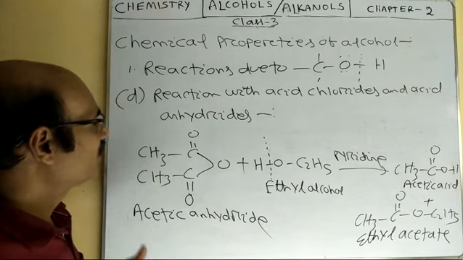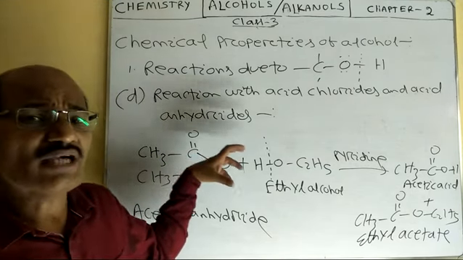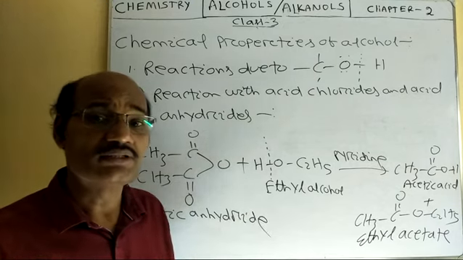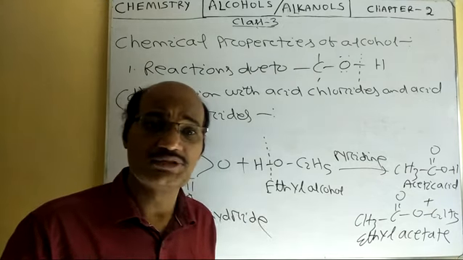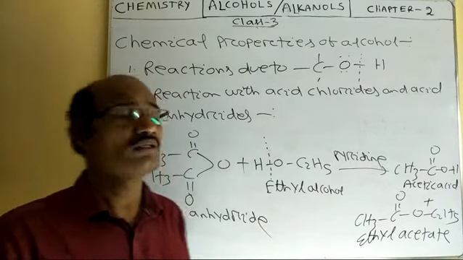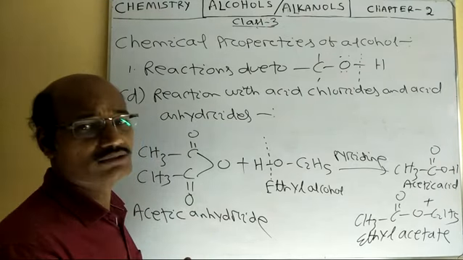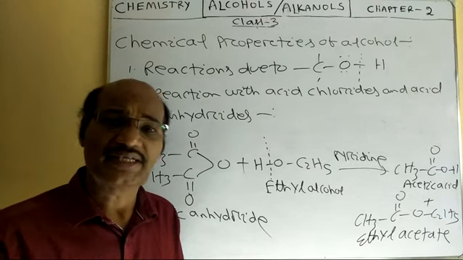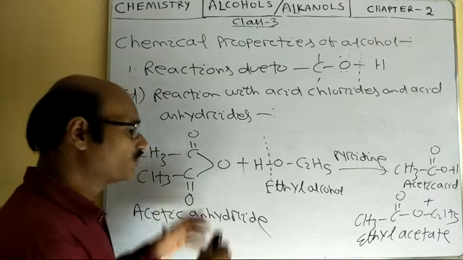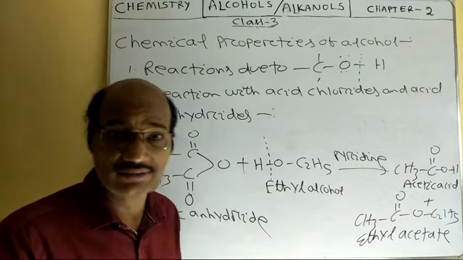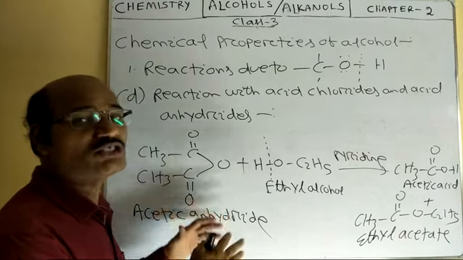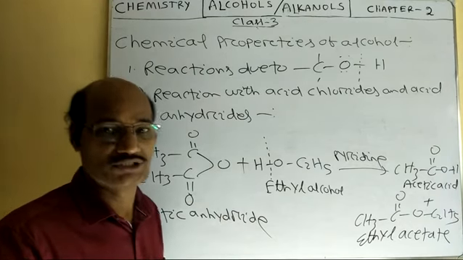Then we have seen how alcohol reacts with Grignard's reagent with OH bond breaking. And also we have seen how alcohols react with carboxylic acid, acid chloride and acid anhydride, with OH bond breaking, to form esters.